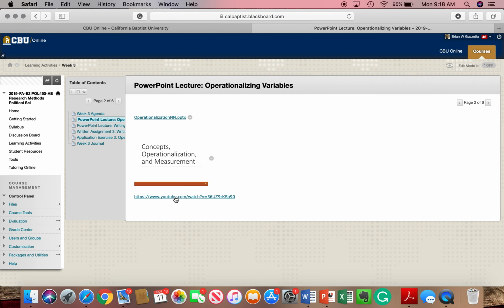How about females between the ages of 20 and 24? You can see how now you can really start to dissect and get much more accurate results of your study. And that's one of the beauties of us having the latitude to operationalize our variables.